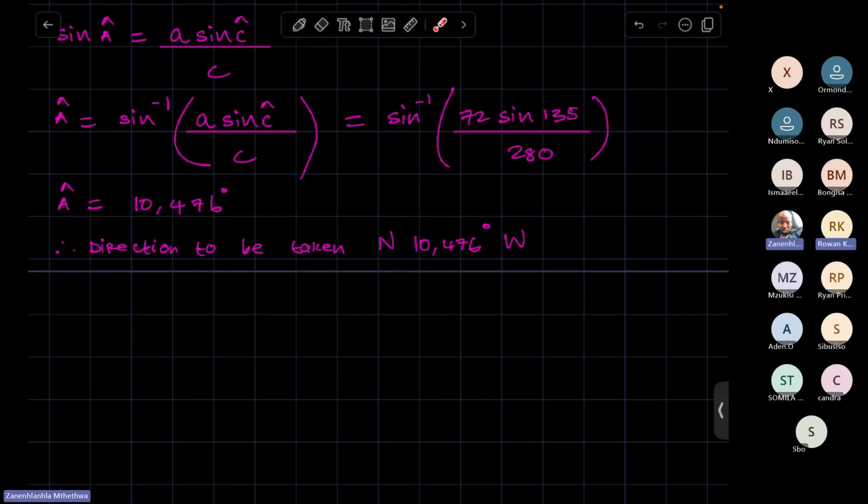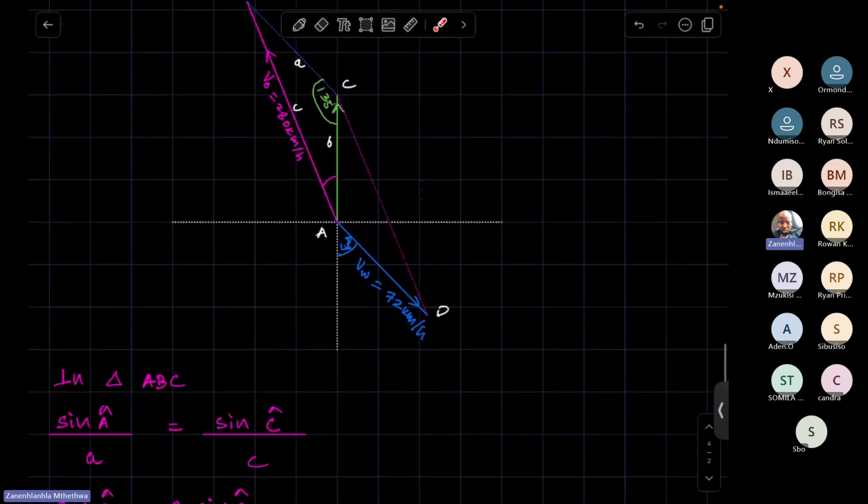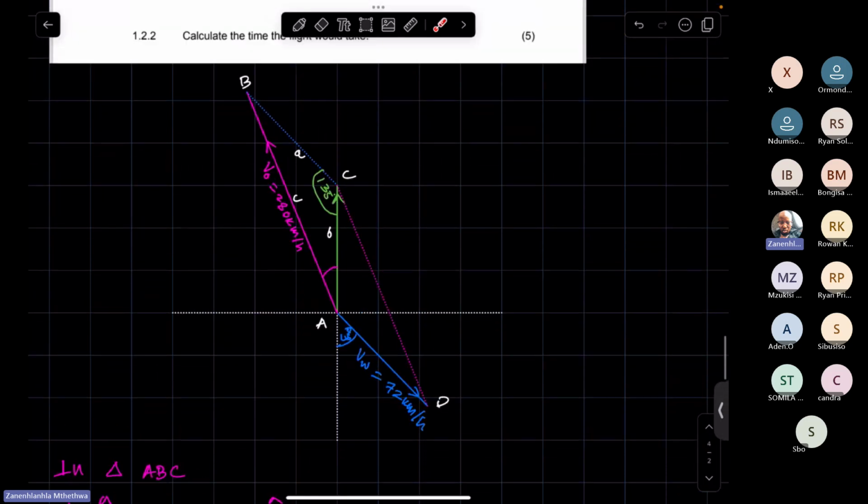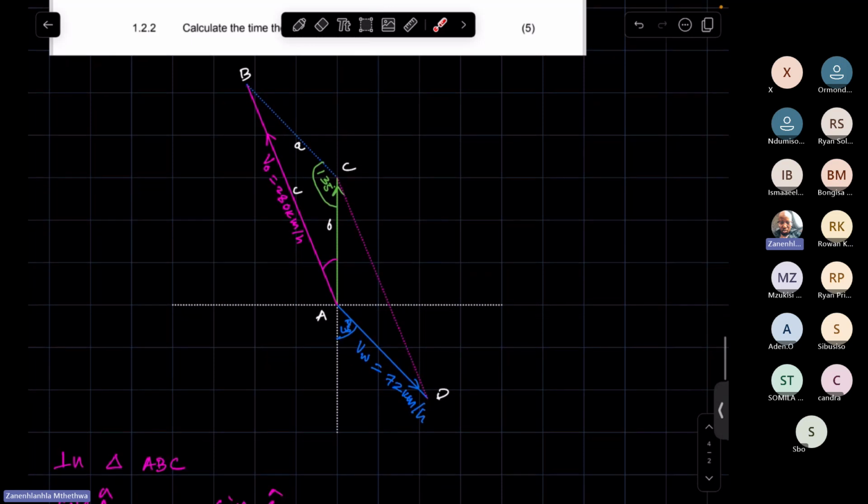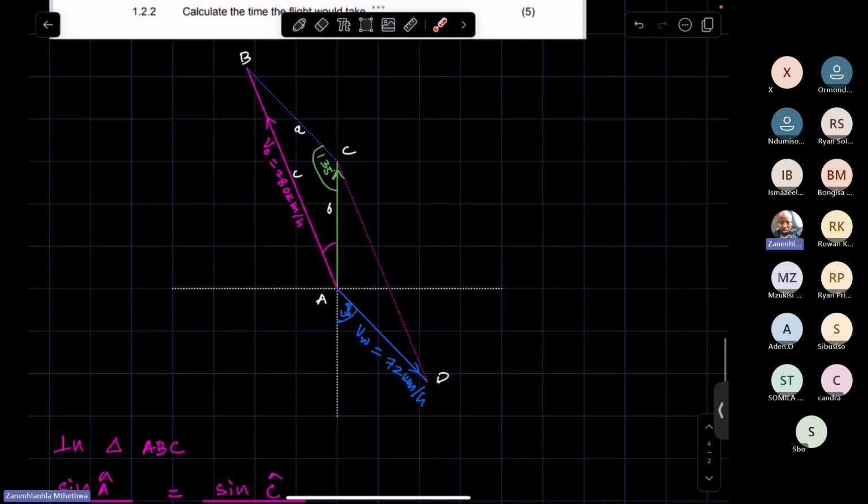Sir, I have a question. Would it also be possible to calculate the direction using the method of components? Yes, 100% yes. I'm just thinking, because it's going to take a while.